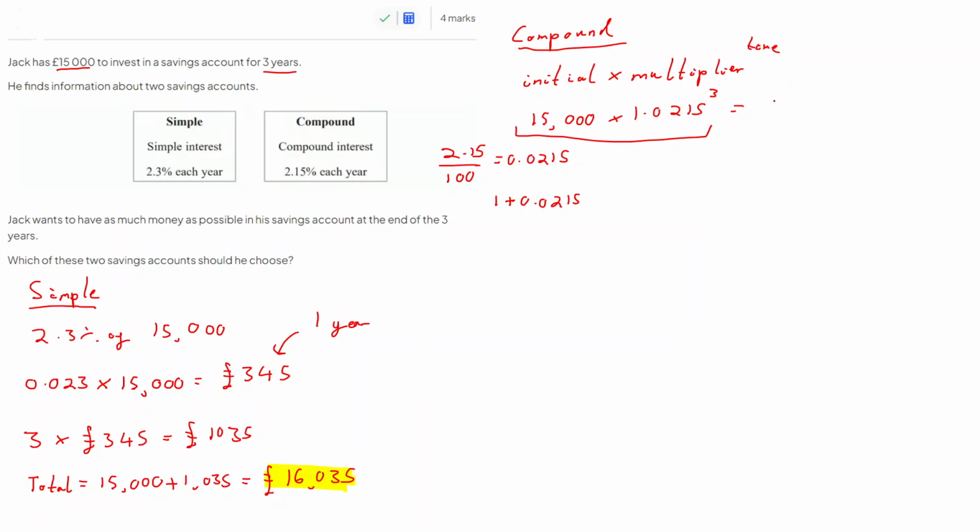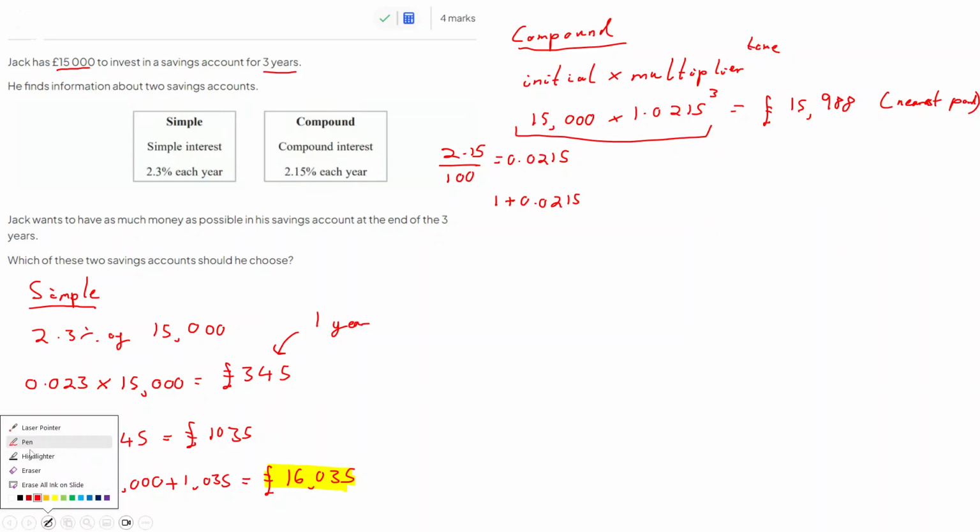Let me check I've typed it correctly. Good. We get a value of 15,988.4, and I'm going to keep it to the nearest pound. So that is our amount after compound interest.